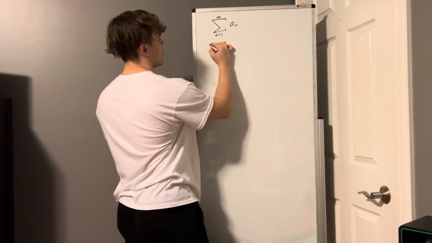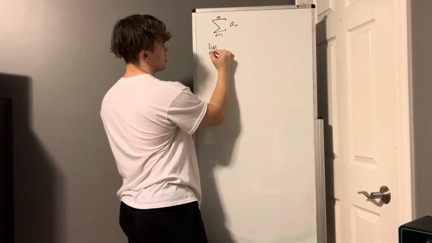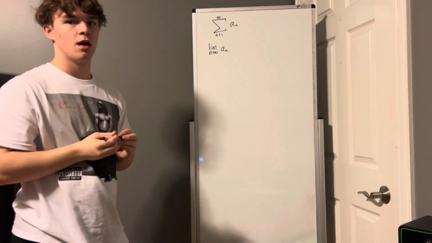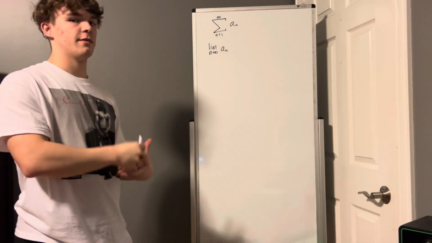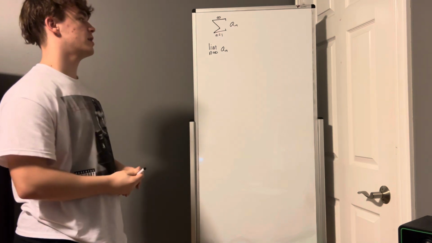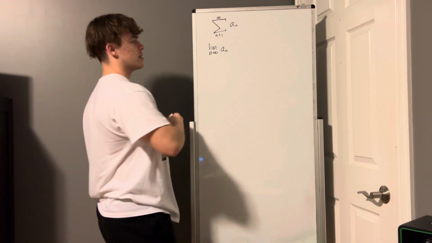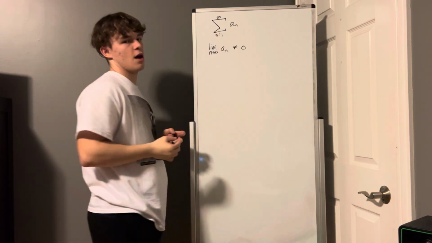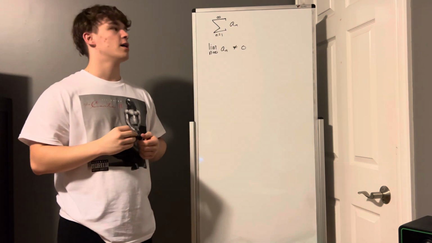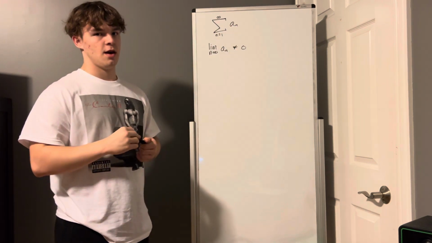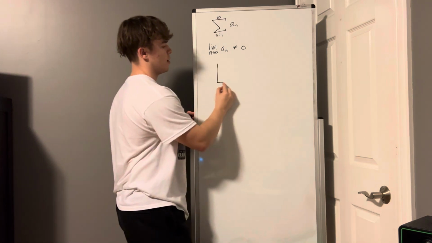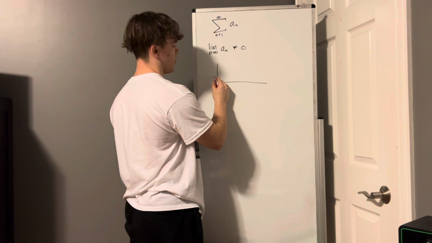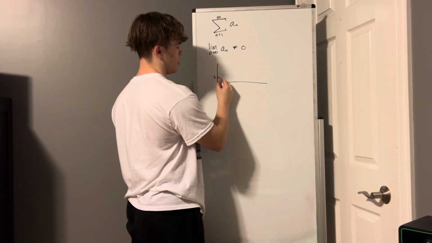Now, if we take the limit as n approaches infinity for our sequence, we remember this is called a limiting value from the last video. Well, if this limiting value does not equal 0, our sum will be divergent. And that's very easy to see when you graph these things. Say we have a limiting value at 1.